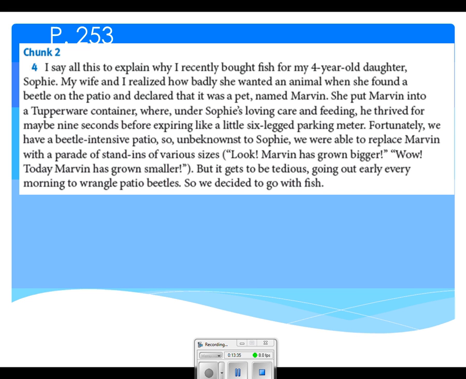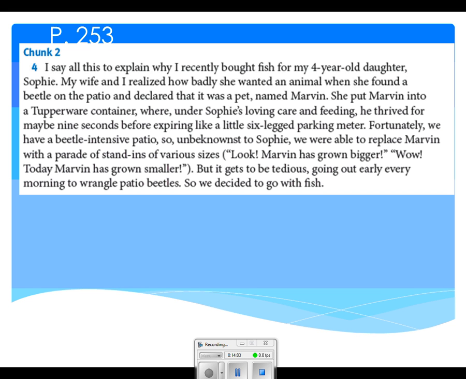Fortunately, we have a beetle-intensive patio, so unbeknownst to Sophie, we were able to replace Marvin with a parade of stand-ins of various sizes. Look! Marvin's gone bigger! Wow! Today Marvin's gone smaller! But it gets to be tedious, going out every morning early to wrangle patio beetles. So, we decided to go with fish.